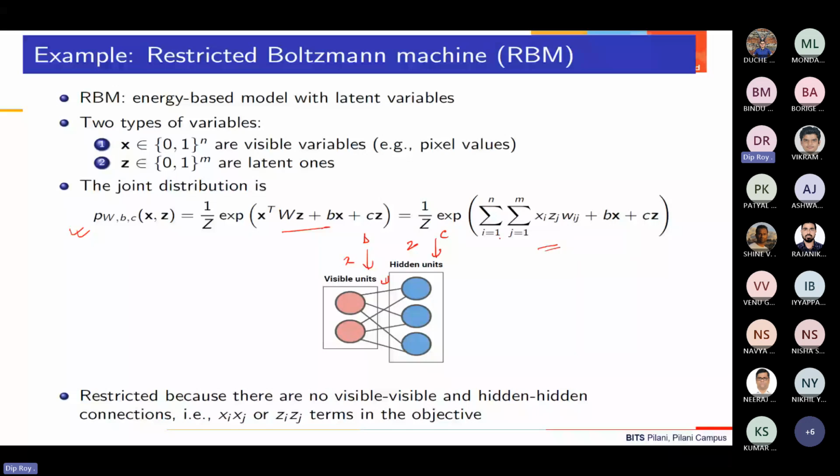The predecessor of this model, the Boltzmann machine, was there for a long time. What the restricted Boltzmann machine did was remove the connections between these units, and they made all of these states independent, right?